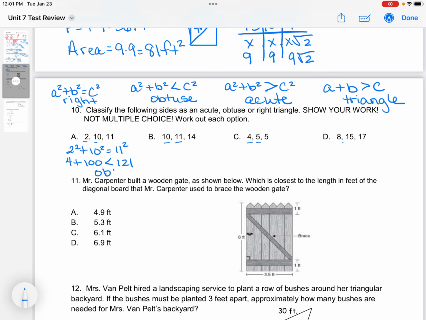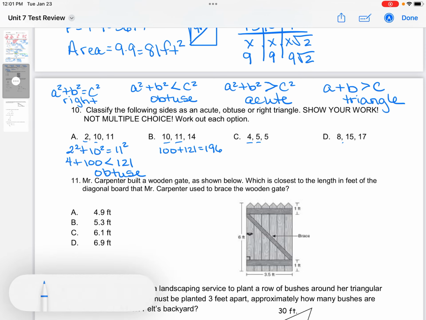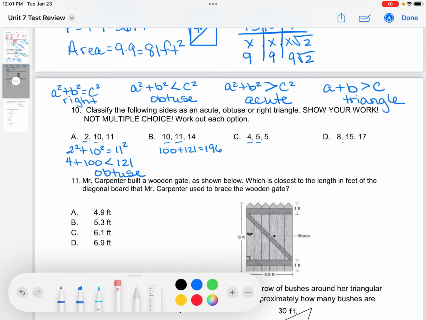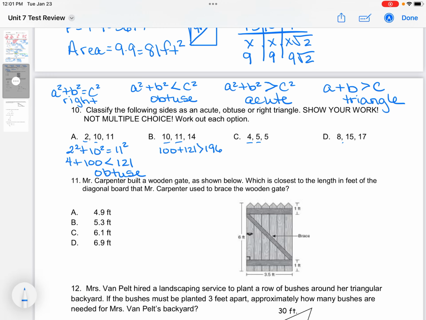This one is less, so it's obtuse. I'm just going to assume this one's going to be more. 14 squared is 196. I've stopped putting my little equal signs in there. This one is much greater, so this one is acute.